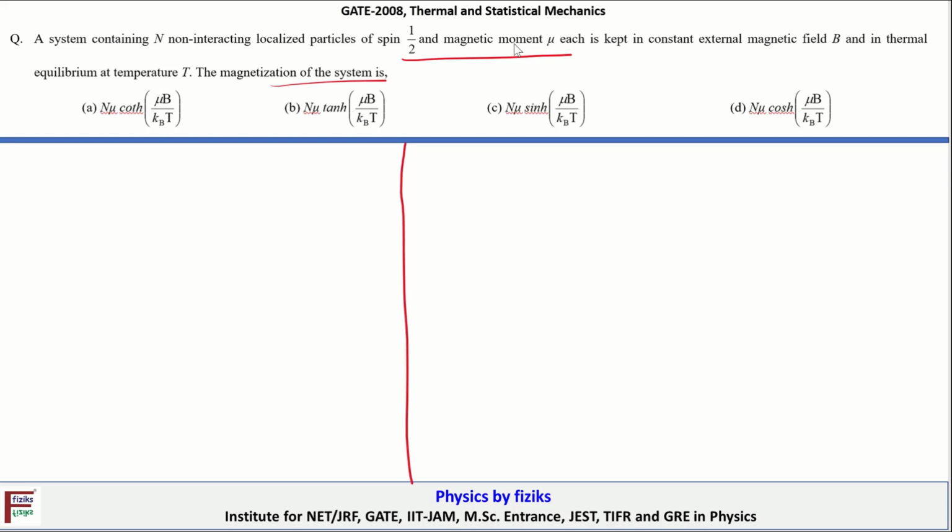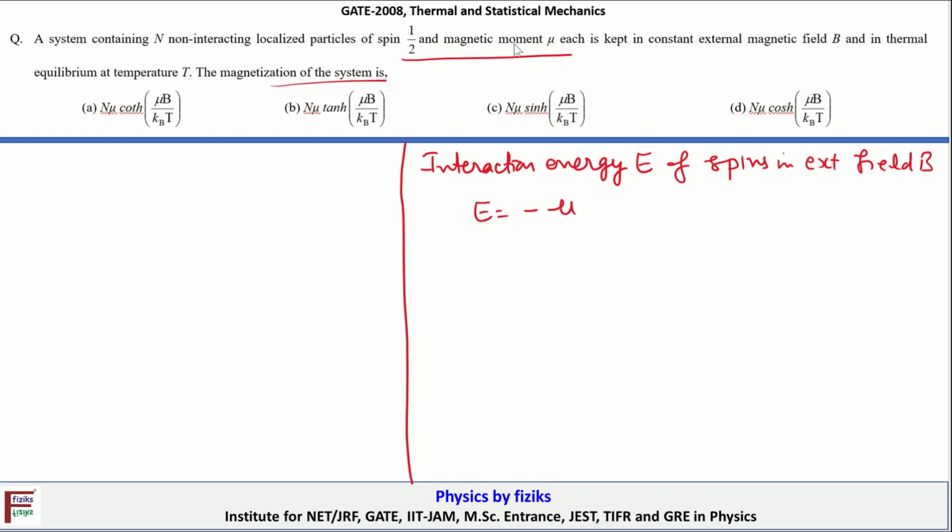The interaction energy E of spins in external field B is given by E equal to minus mu dot B. So in principle we have two different orientations for the spin in the presence of the external field.